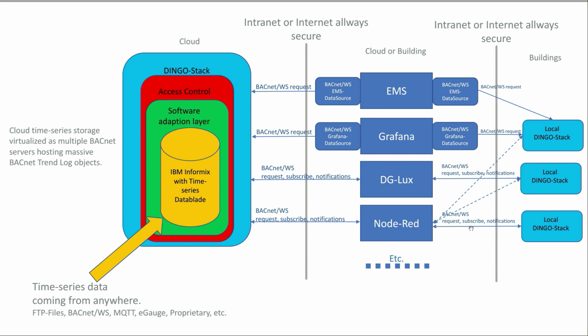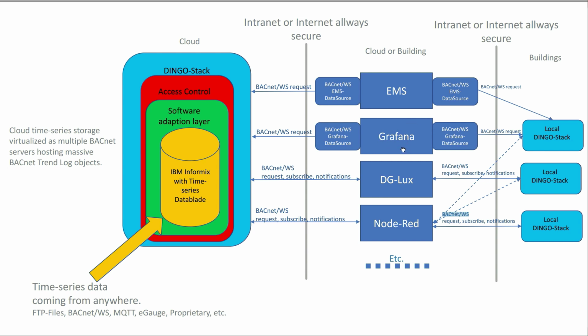But the importance here is that the interface is BACnet web services here, and it's also on this side. It's BACnet web services. So that's the importance of it, and you can read from whatever building you want.